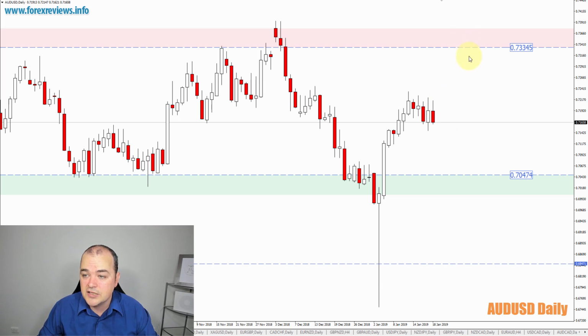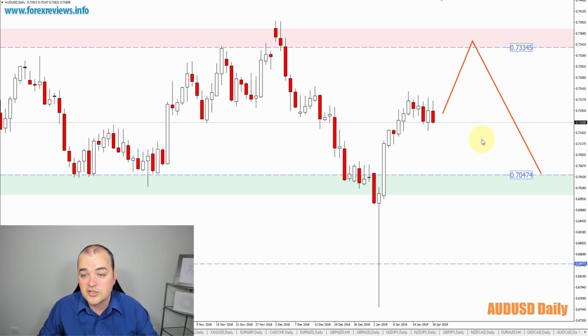Price may continue to the upside to the 73.34 zone area, like I mentioned last week in the review. And this would be a great area on this market to look for a potential bearish opportunity and a potential move to the downside, potentially all the way down to this previous low or all the way down to the 70.47 zone area.